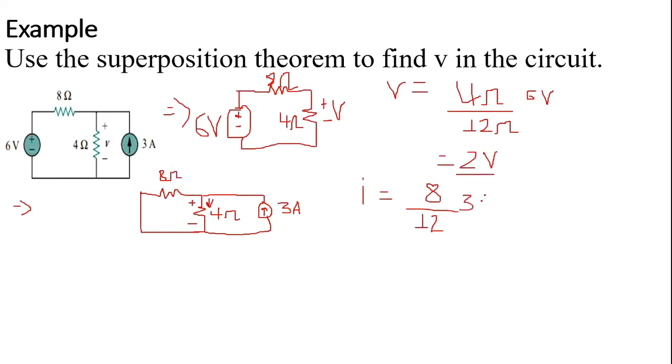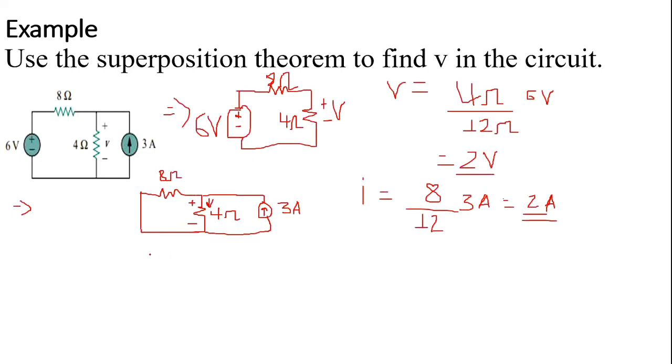Current division is a method for finding the current flowing through a parallel circuit. So 3 times 8, which is 24, over 12, is 2 ampere. This indicates that 2 ampere is flowing through the 4 ohm resistive element. Now we can use Ohm's law to find the voltage drop across the 4 ohm resistance.